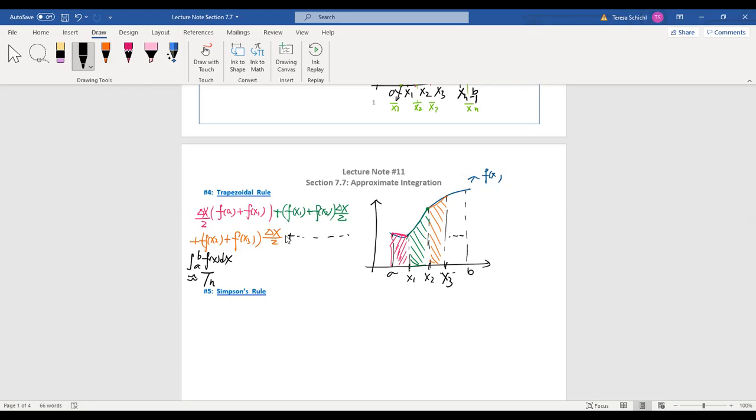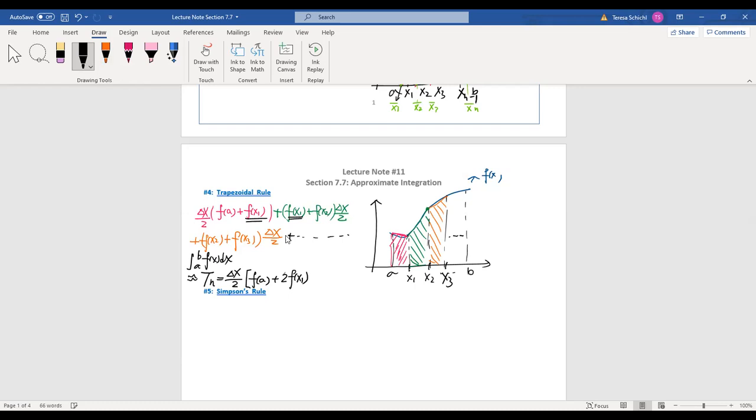All right, so let's take a look. I take the delta x over 2 out. So the first one is f of a, then plus f of x1. How many f of x1 are there here? f of x1, f of x1, so I have 2 f of x1.